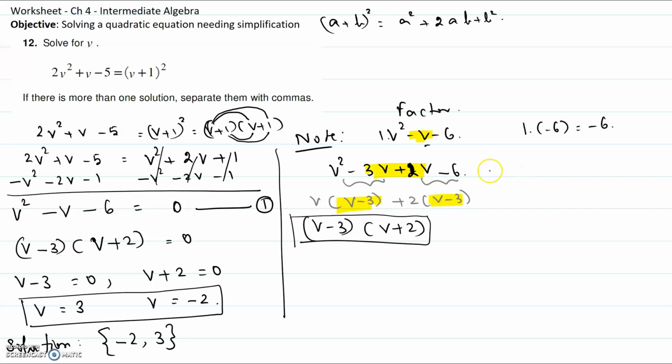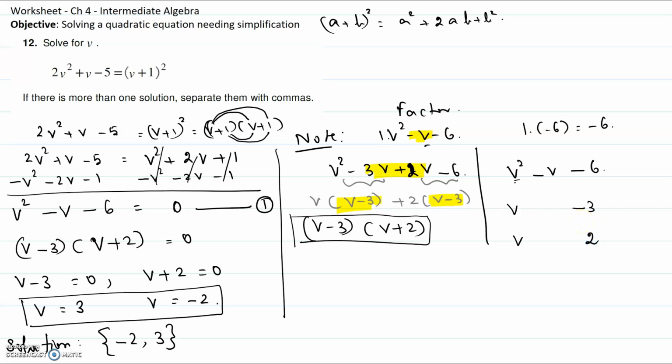The other way of factoring, as I discussed in the earlier problem, is known as the X box method. So v squared is made up of v and v. Negative 6 is made up of negative 3 and positive 2.